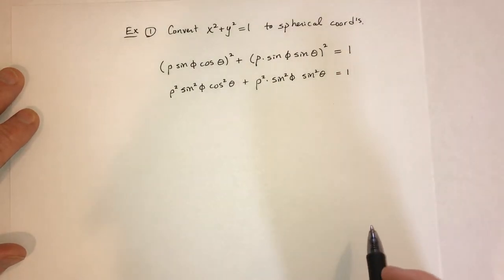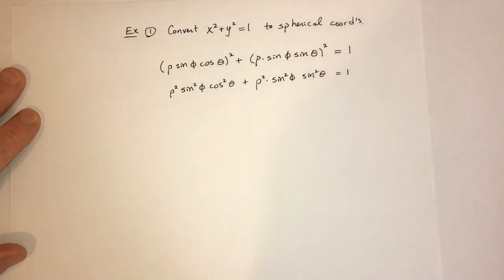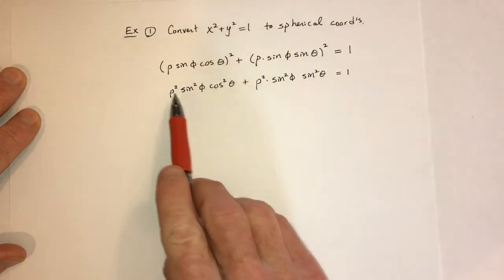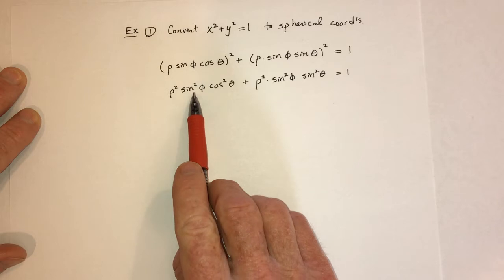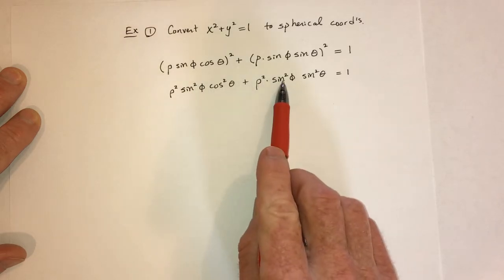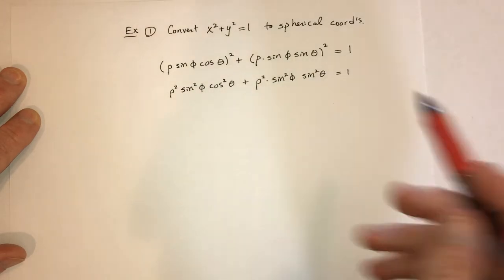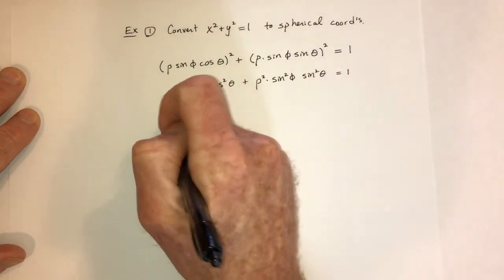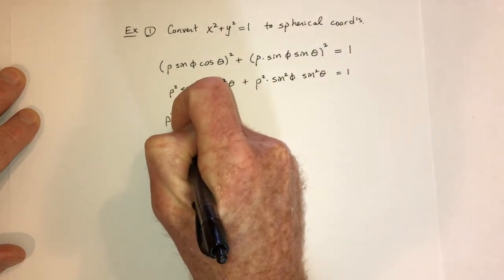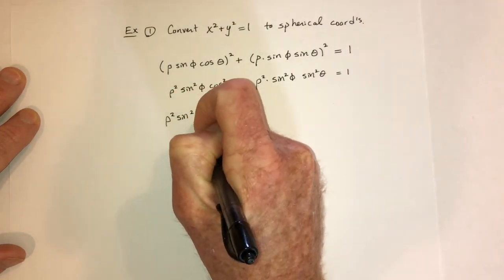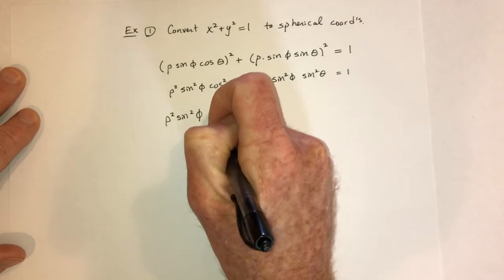And then we need to simplify this. Notice that this has rho squared and this has rho squared. Also, there's sine squared phi in both, so those things could be factored out. So factor out rho squared and also sine squared phi.